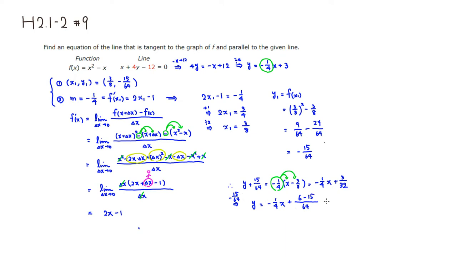So this is going to be negative 1/4 x minus 9 over 64.